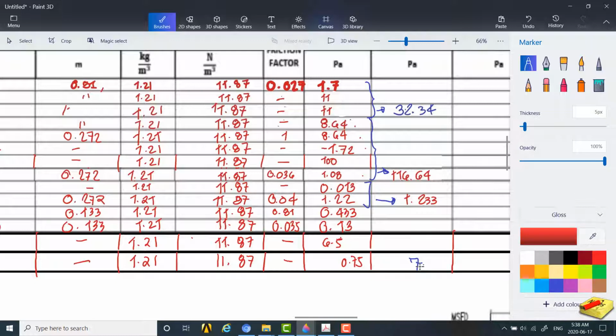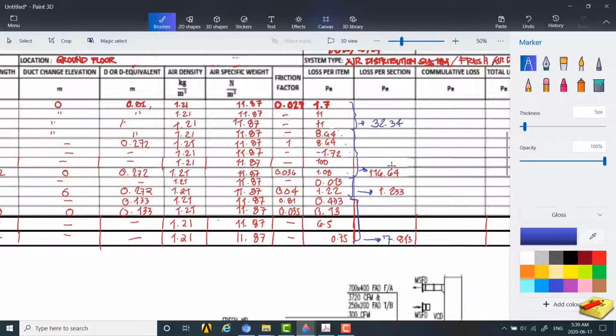So this will be 7.813. Okay, so this is the sum of nito. So ito yung sum nito for this one.